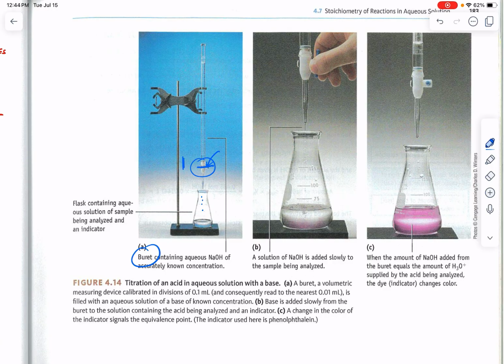And as we add the solution, in this picture down here, as the solution is going in, periodically you will see flashes of pink because the base hasn't been thoroughly distributed yet, since we have sodium hydroxide up here and our oxalic acid down here in solution.